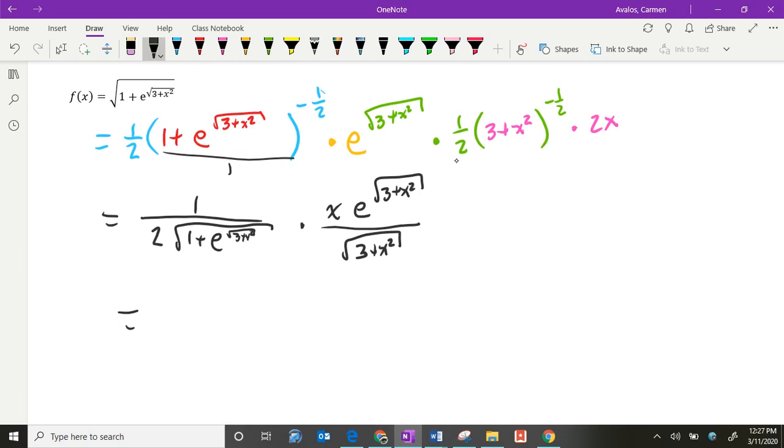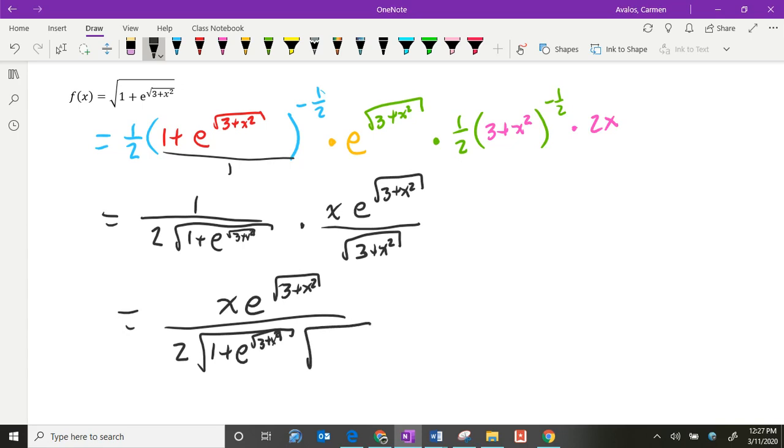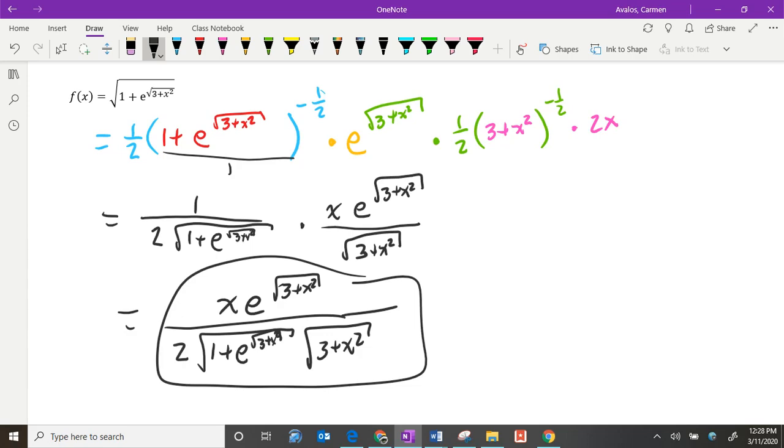So your final answer, if we look at that, because nothing cancels, it's going to be x e to the square root of 3 plus x squared all over 2 square root of 1 plus e to the square root of 3 plus x squared times the square root of 3 plus x squared. And that's the full derivative with many chain-ons on there.